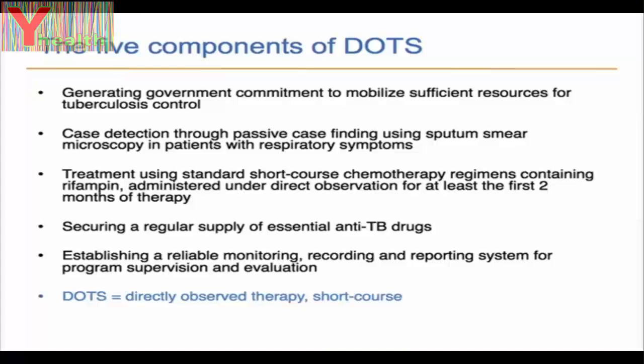The DOTS strategy, as outlined by the World Health Organization, includes a government commitment to mobilizing sufficient resources for TB control, case detection through case finding with sputum smear microscopy in patients with symptoms, treatment with the standard short course chemotherapy regimens that we've been discussing in this lecture, securing a regular supply of essential anti-TB drugs, and finally establishing a reliable monitoring, recording, and reporting system for program supervision and evaluation. The treatment of the individual patient really must fit into this overall context for the TB program to be successful.